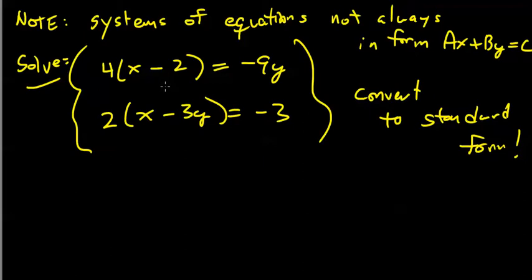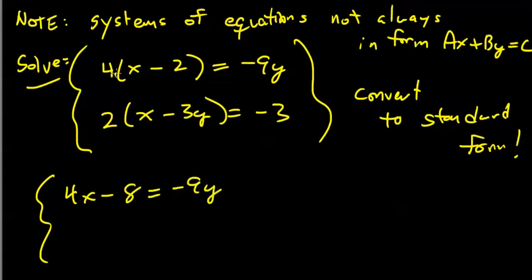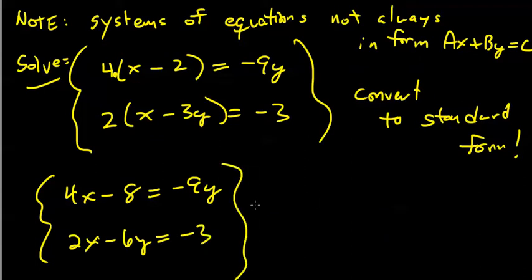Alright, what I'll do is take this first equation. Again, I'm not going to change the solution set of this system at all, but basically juggle things around algebraically. I'll get 4x minus 8 equals minus 9y if I perform the indicated multiplication in equation 1. Downstairs, I get 2x minus 6y equals minus 3. And I'm almost there. I'm almost in standard form.